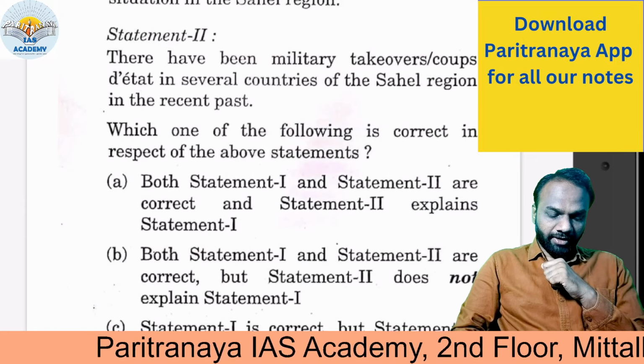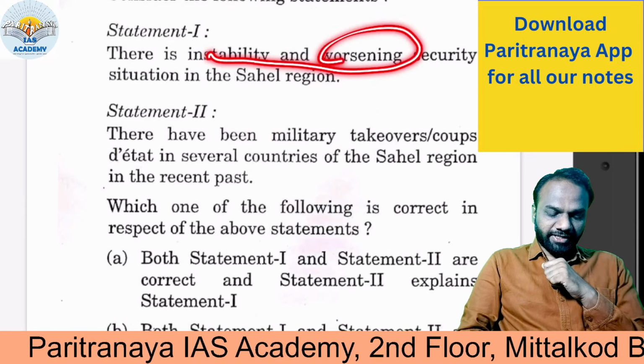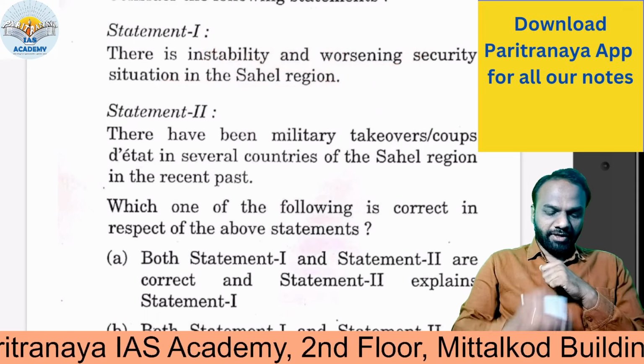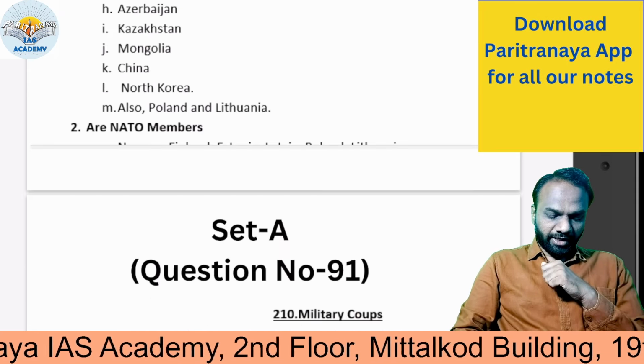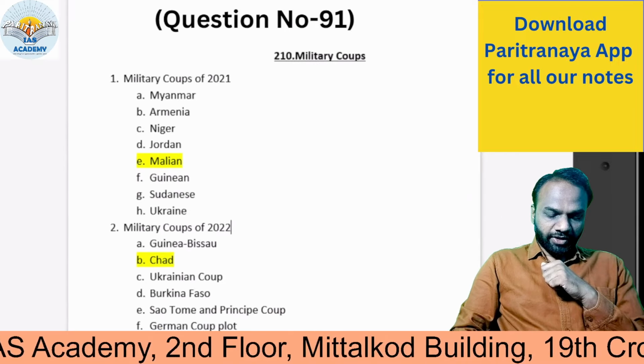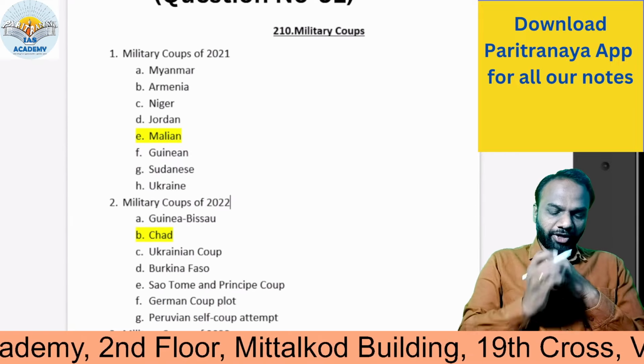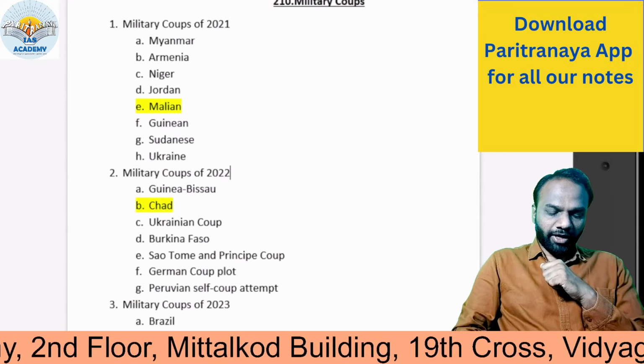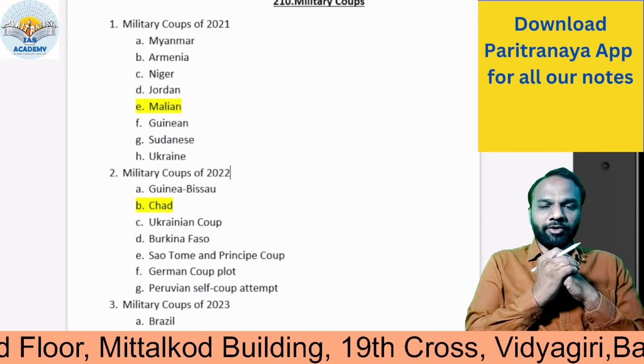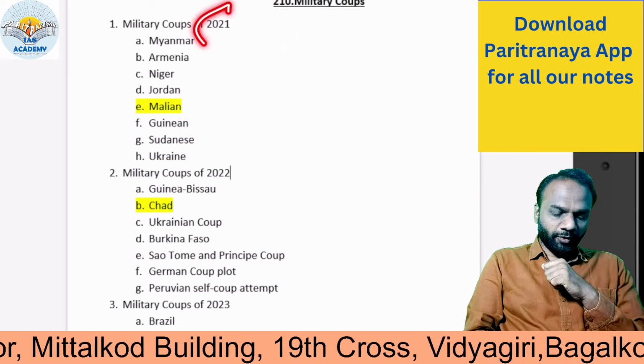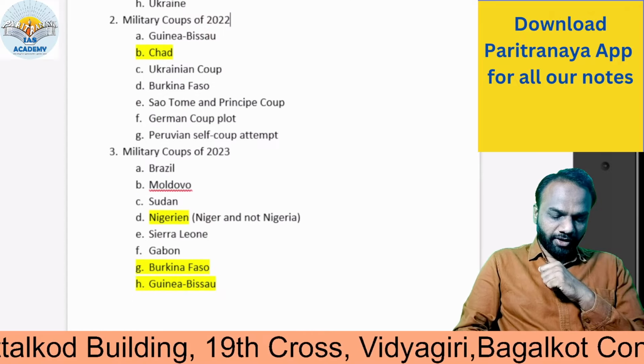What is the statement? There is instability and worsening security situation in the Sahel region. So let us look into the other part of our notes. These are the notes corresponding to military coups, where I have compiled the military coups of 3 years: 2021, 2022 and 2023.